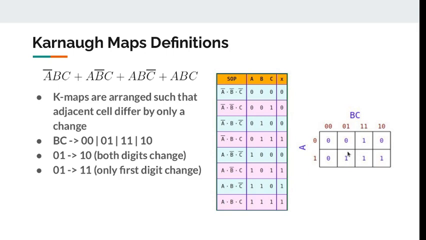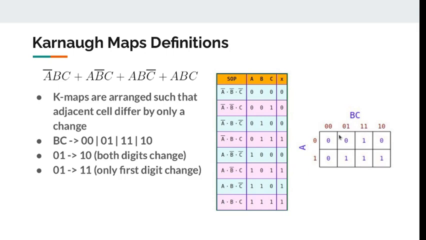They only change one variable, and that's what enables us to use this form to simplify. I'm going to repeat again. From these terms to these terms, so this column to this column, only B changes. B is complemented here, and here B is not complemented. It's just one change between these two and these two as well.